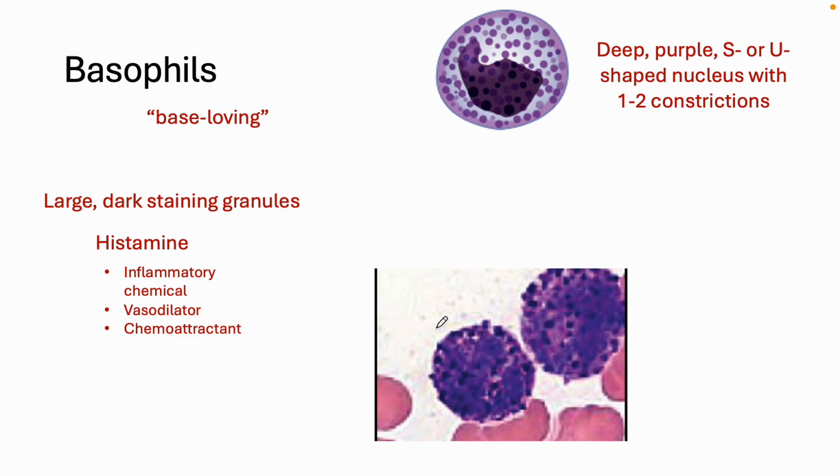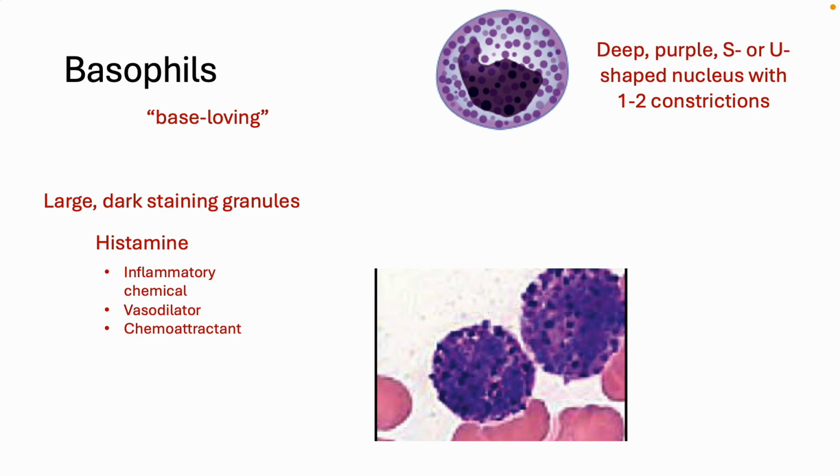So it leads to an inflammatory response, including acting as a vasodilator to help blood get to the site of infection, and acts as a chemoattractant, typically attracting other immune cells to it.